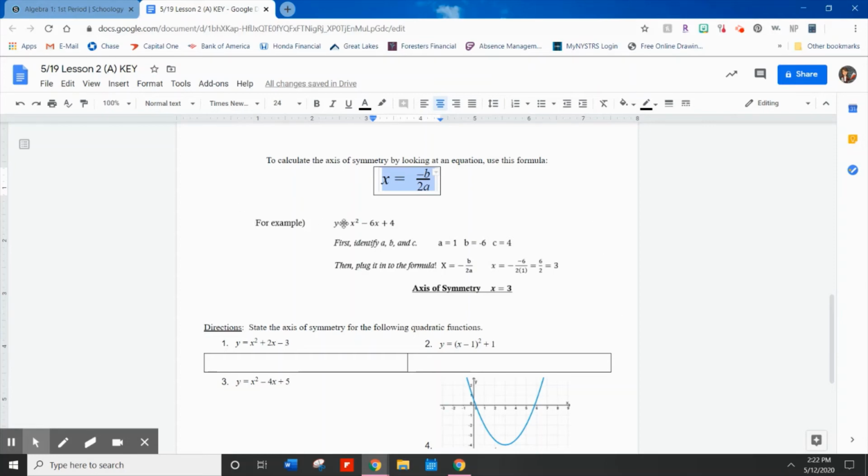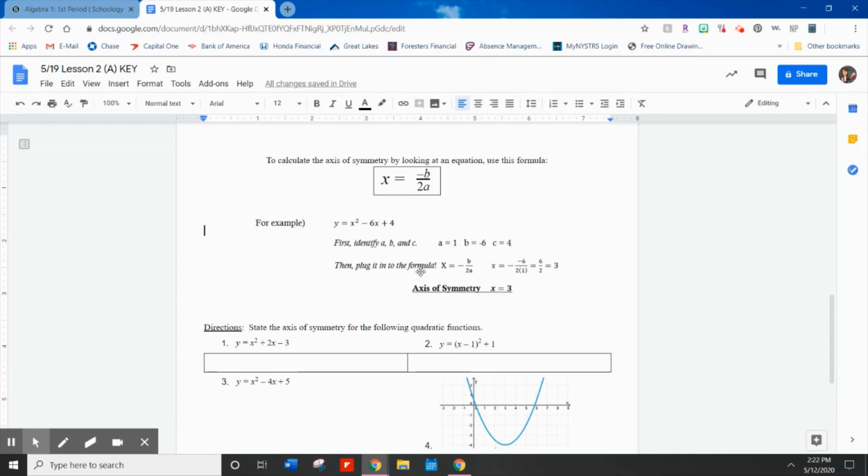We've got y equals x squared minus 6x plus 4. This equation is in standard form. So we first identify a, b, and c, even though we really don't need c. My a in this equation is 1. My b is -6. So I plug that into the formula. By the way, this formula is not provided to you in any reference sheet, so you do need to memorize this one.